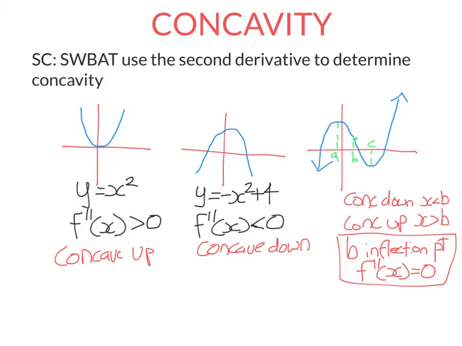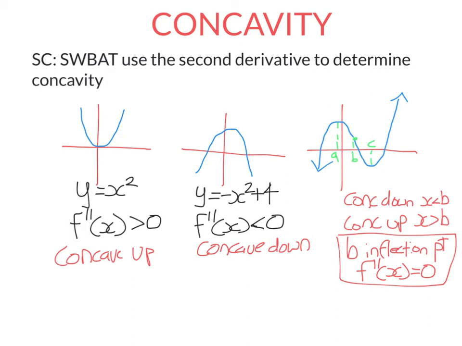We can tell just by looking at this graph, its second derivative will be negative in this area here. So when x is less than b, the second derivative will be negative because it's concave down, and the second derivative will be positive when x is greater than b, because it's concave up.